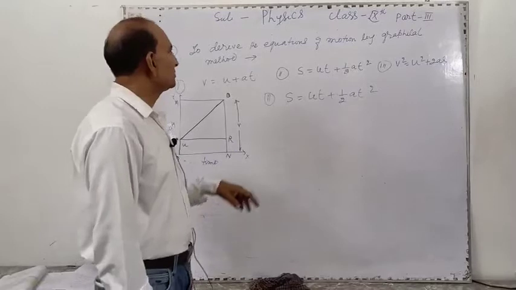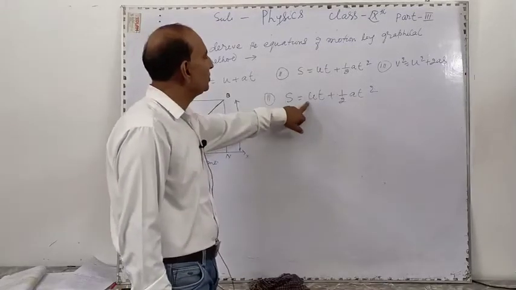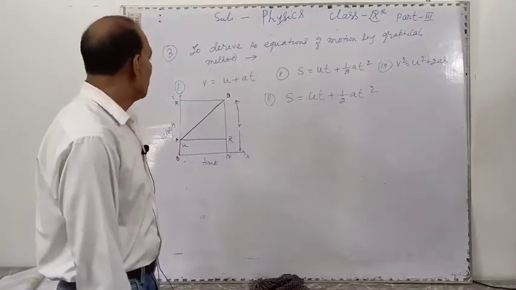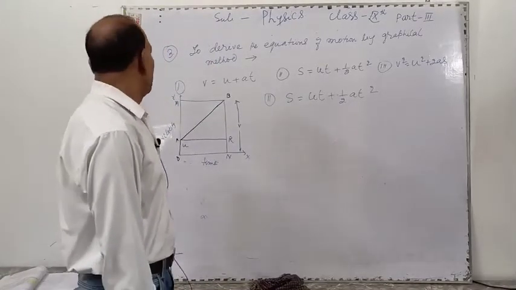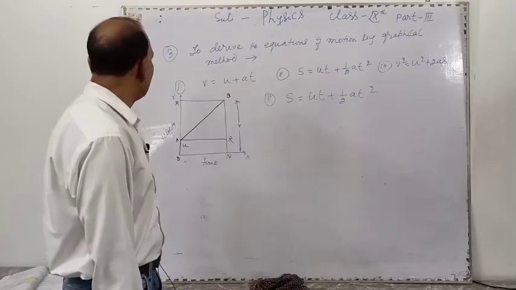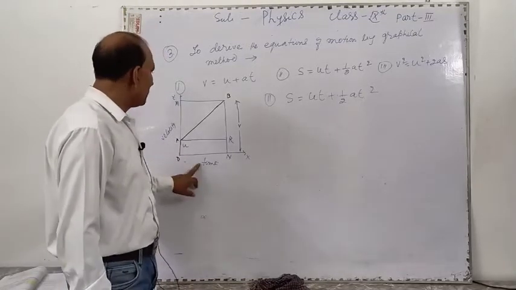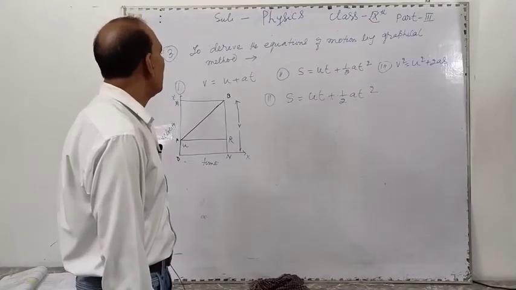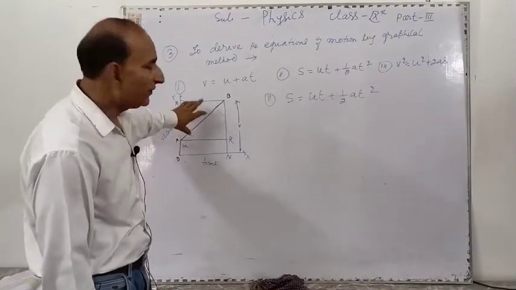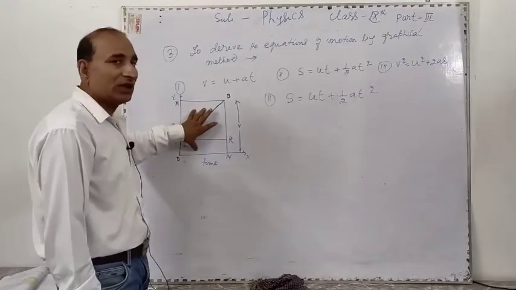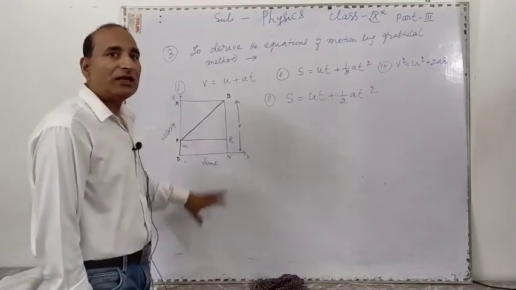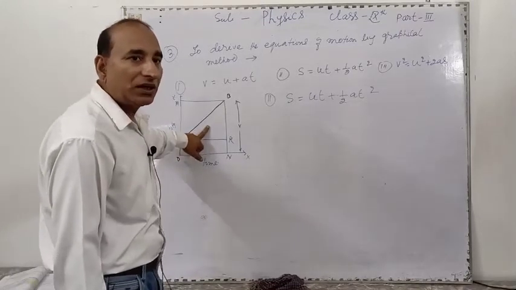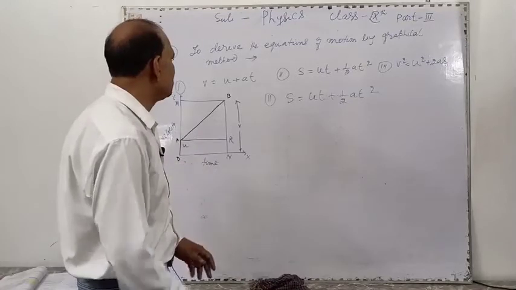And the second equation is s is equal to ut plus half at square. You know that if a graph between velocity and time is given, then we can find the distance traveled by a moving object by the area enclosed by the graph and the time axis.